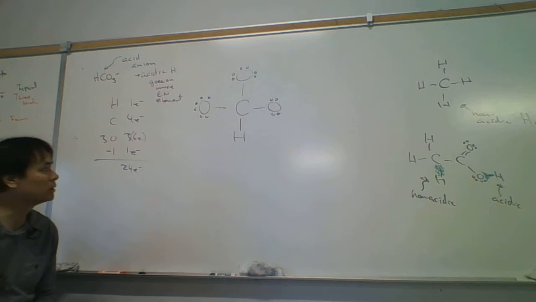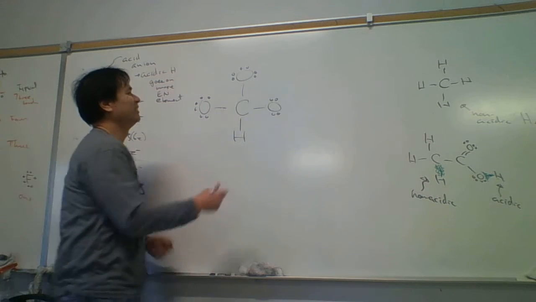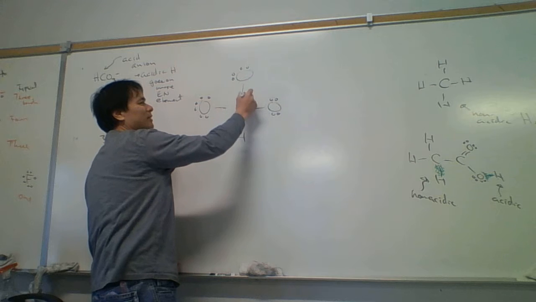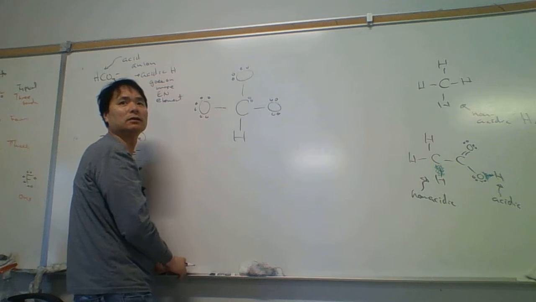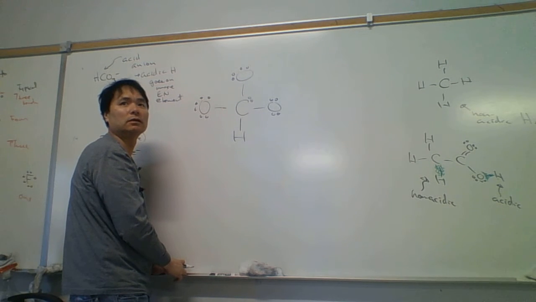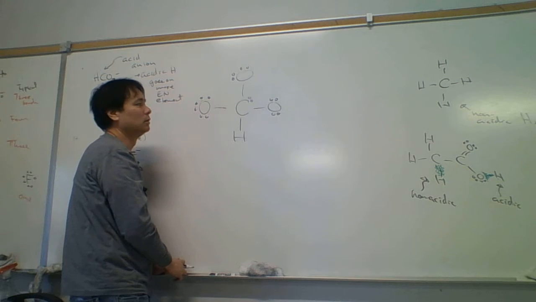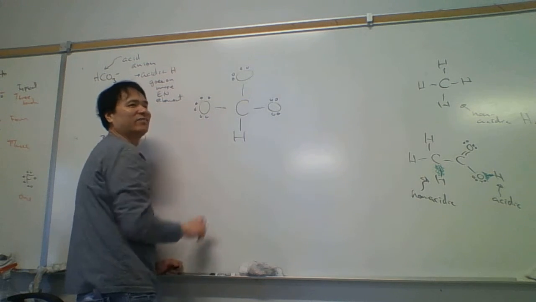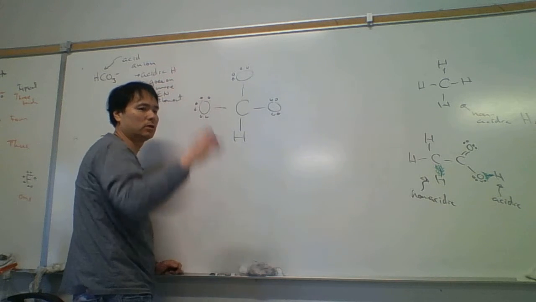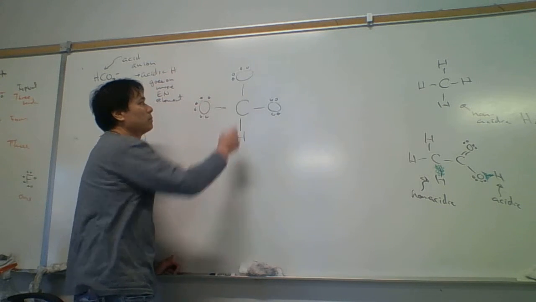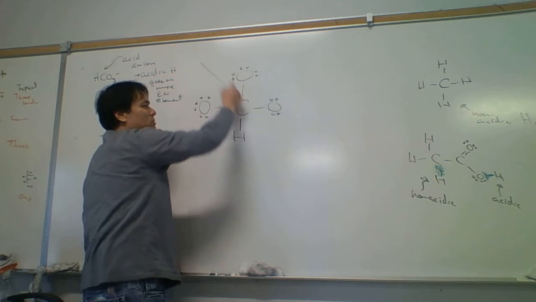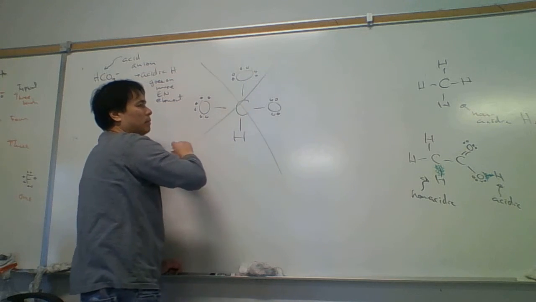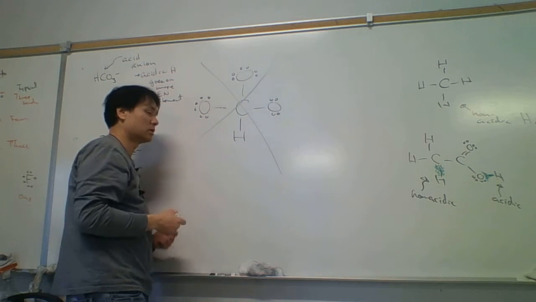I can add 2 to the carbon. So if I take 2 off here and then put 2 here, no, that gives me 2, 4, 6, 8, 10. 10 electrons is not going to happen. I fill the shell, I don't want to go above it. So there's no way to make this structure work. So we've got to try a different structure.